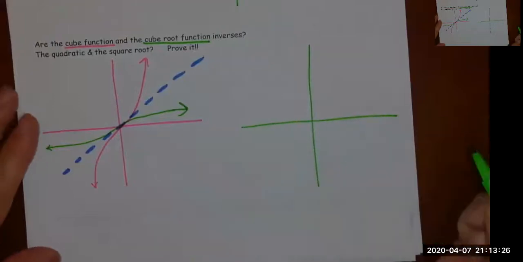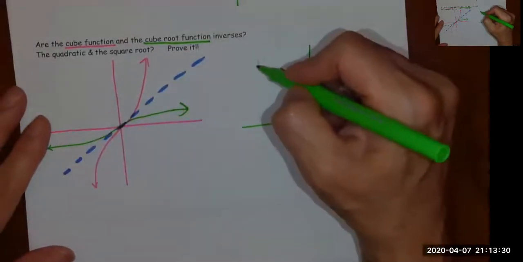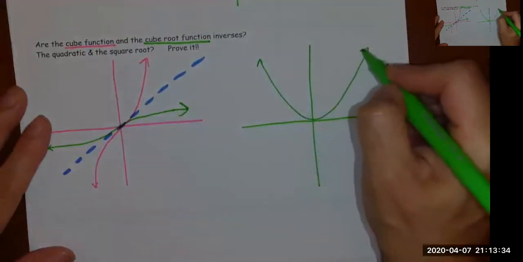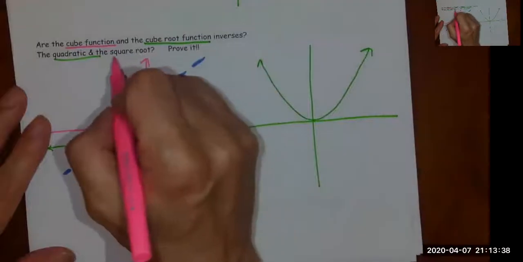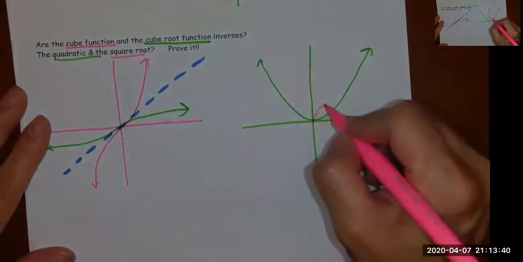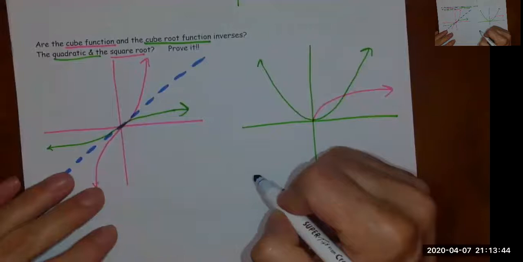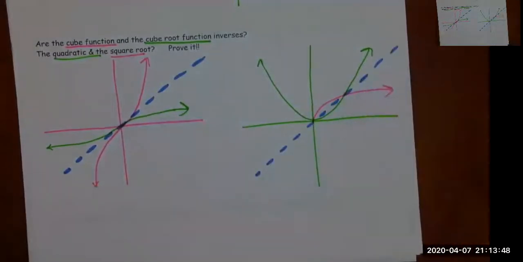What about the quadratic and the square root? Well, quadratic looks like this. Square root looks like this. Now, I want you to notice something kind of cool.